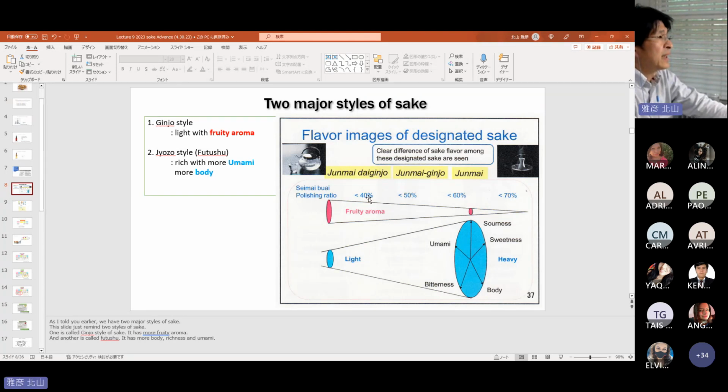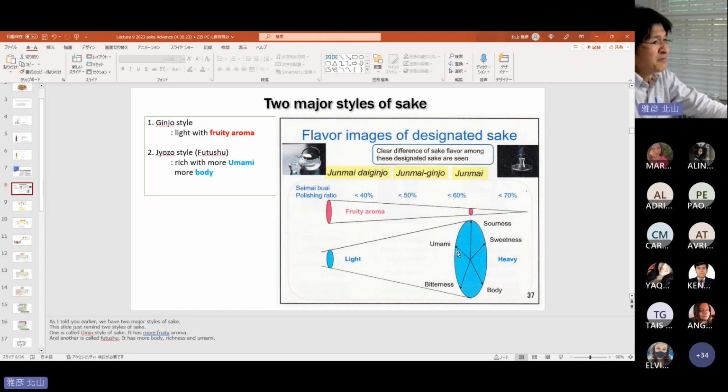So this is the image of sake, depending on the ingredient rice in terms of polishing rate. People used to prefer to drink sake like this.